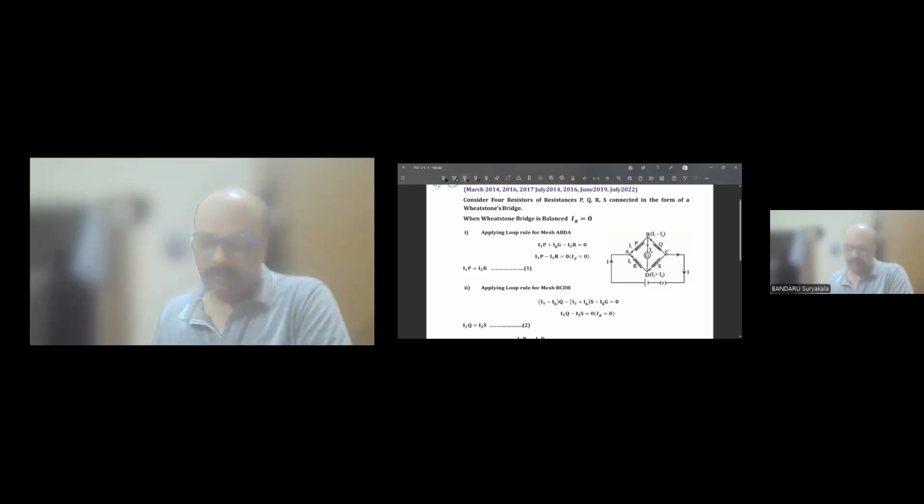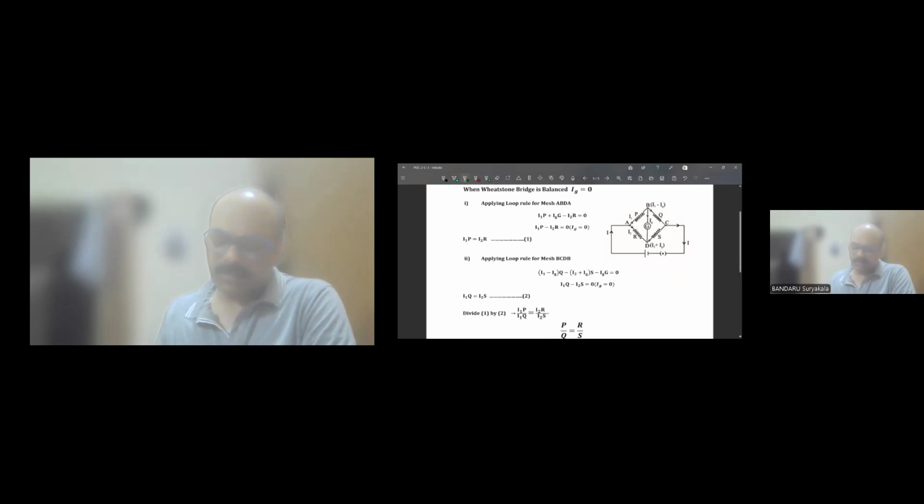Next, for the balancing condition they ask this. Consider four resistors P, Q, R and S connected in the form of a Wheatstone bridge as shown in the diagram. When the Wheatstone bridge is balanced, Ig equals 0. Apply the loop rule for the mesh ABDA: I1 P plus Ig into G minus I2 into R equals 0, and I1 P minus I2 R equals 0.